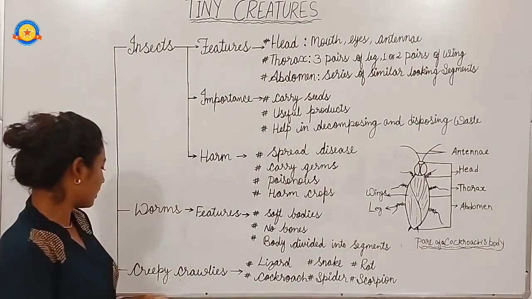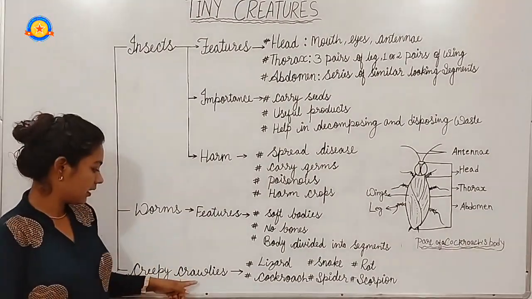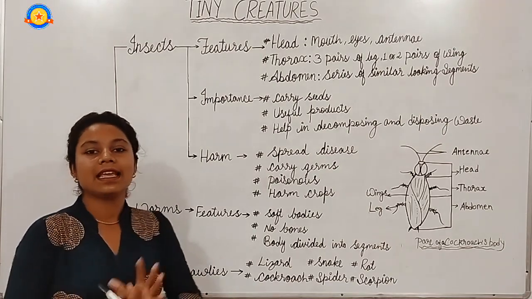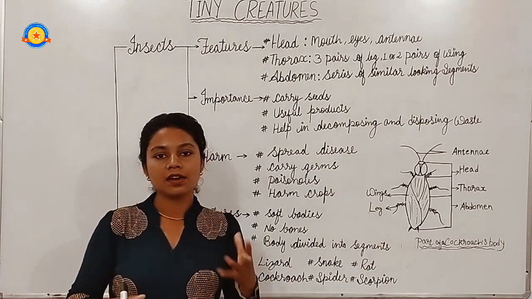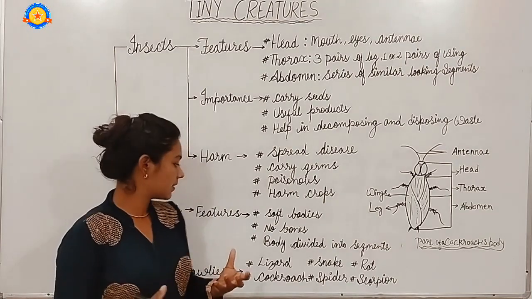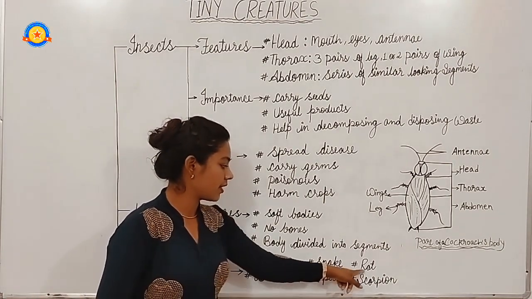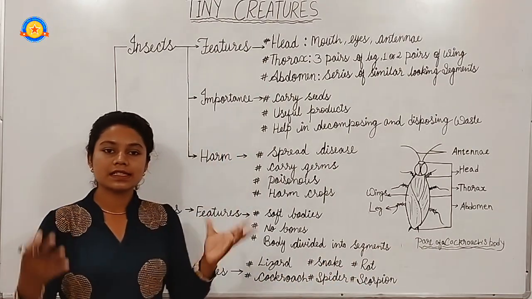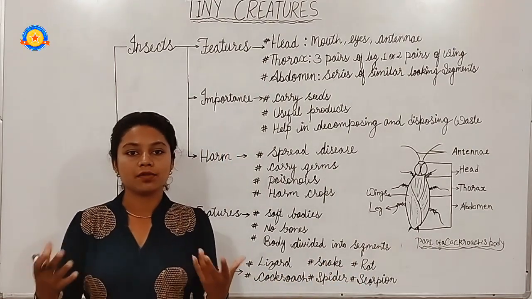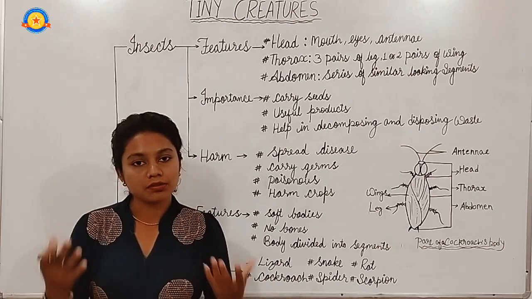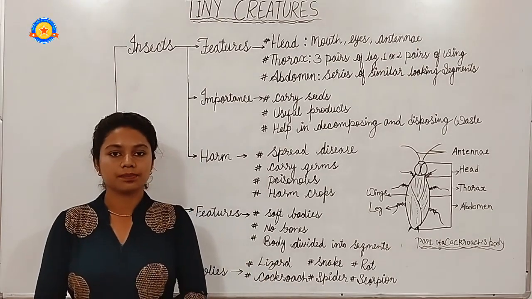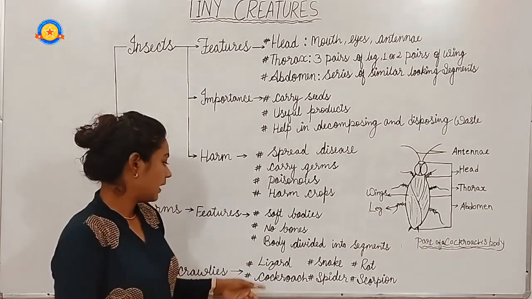Next, we will talk about the creepy crawlies. See, insects and crawling creatures like lizard, cockroach, snake, spider, rat, scorpions. See, these can be found on land and water, and even around our house, in our houses. Like lizard.